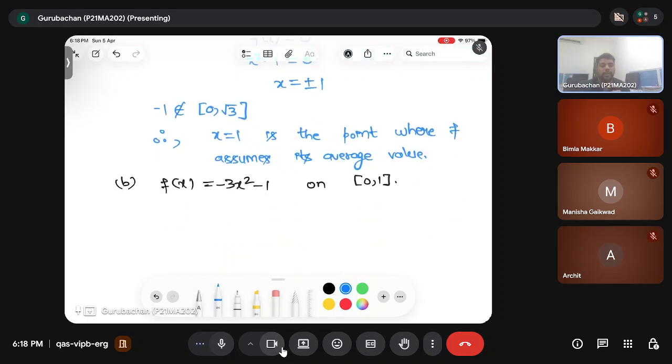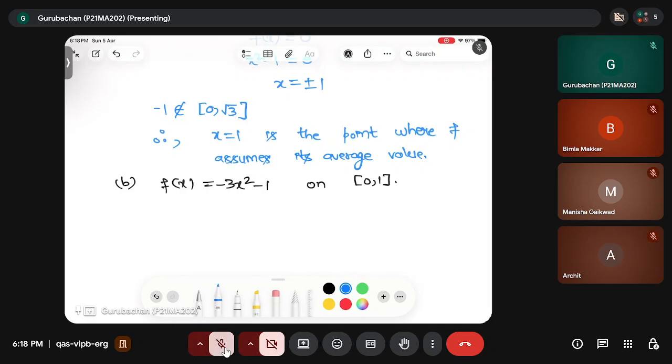First draw it and calculate its average value, then similarly find out the points at which this average value is attained. The average value is minus 2.